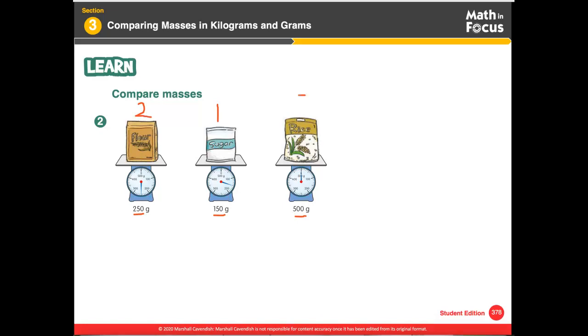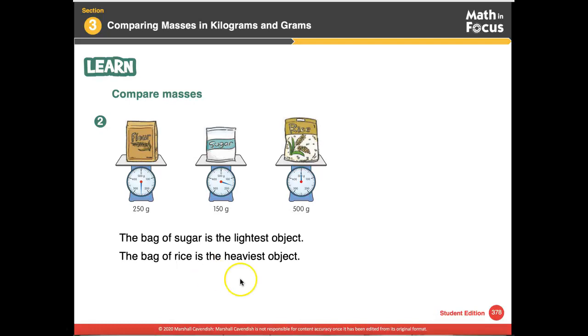And then this one is 500, so that one would be 3. That's least to greatest. We could also do heaviest to lightest. That would make this one first, this one would still be second, and that one would be third. And so that's how we can compare those. As we said, the bag of sugar is the lightest object. The bag of rice is the heaviest object. From lightest to heaviest, the objects are sugar, flour, and rice.